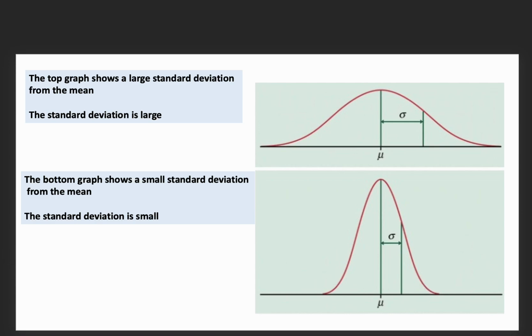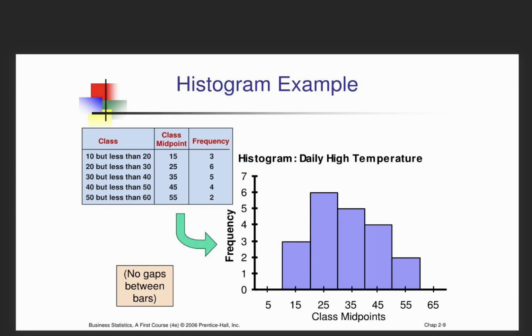So we're leaving summary measures of numerical data, and I'm going to show you the two most popular graphic displays of numerical data. One is the histogram, and you're probably familiar with that.